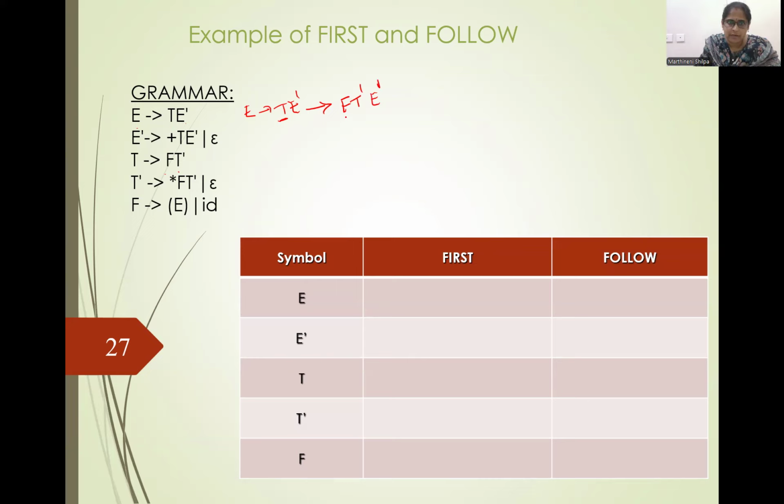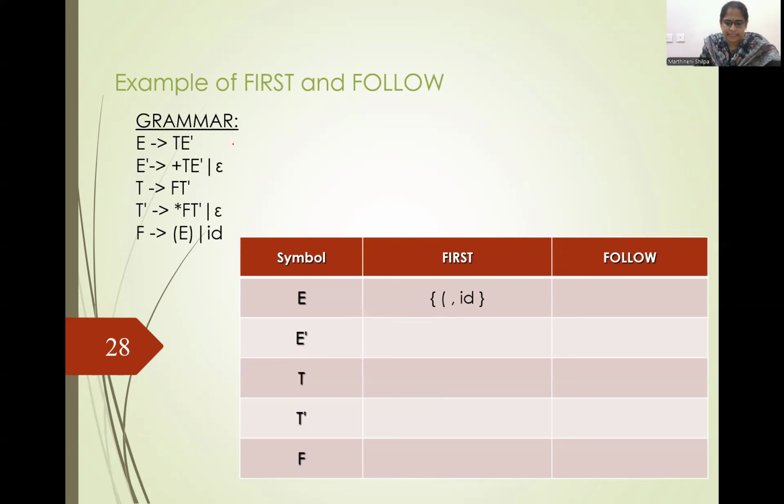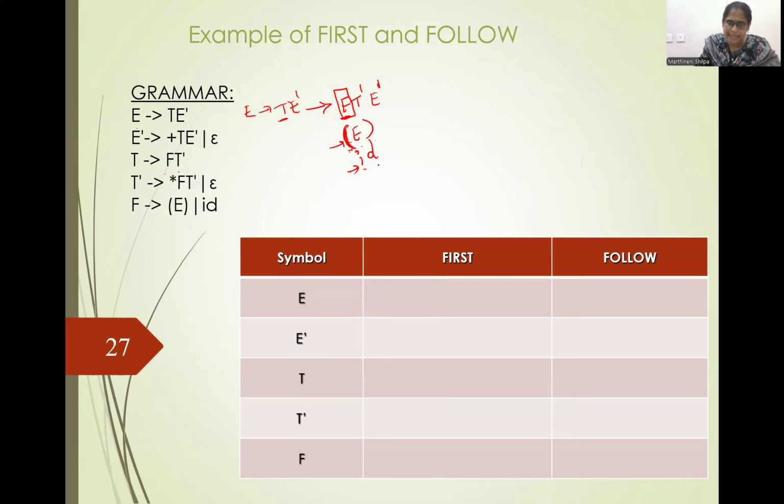But F is also a non-terminal. We can replace this F with either open bracket E close bracket or ID. In place of F, I can replace either of these production rules. If I replace with the first, the opening parenthesis will be the first terminal generated, right? And if I replace with ID, it is a terminal symbol and it is the first terminal.